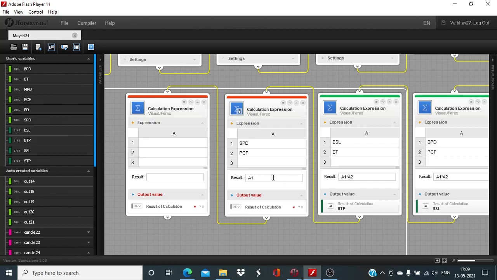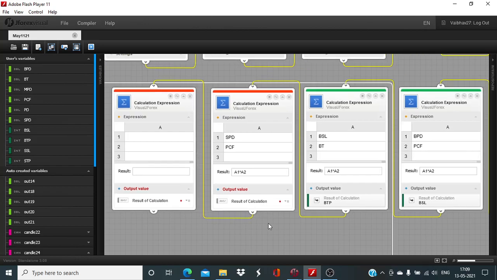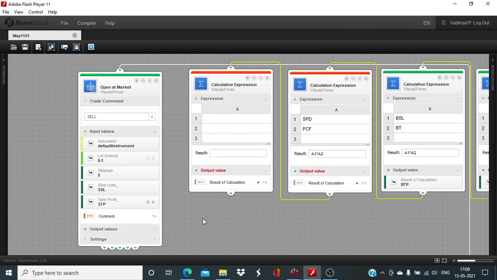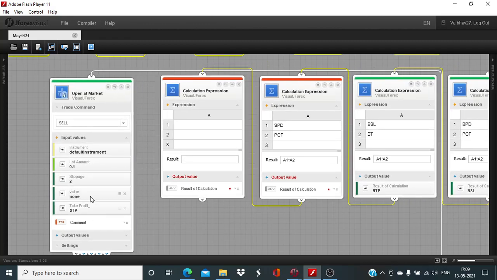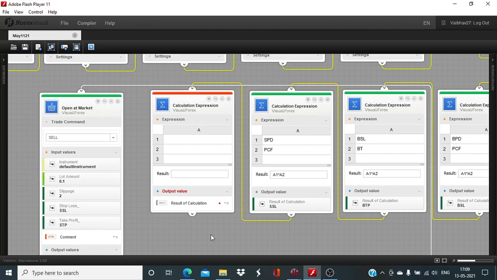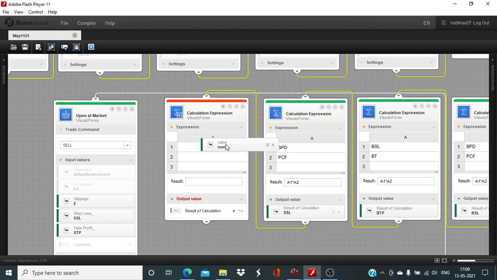A1 into A2, and the value here is going to be defined using this variable. So output value, whatever it will be assigned as the stop loss, and stop loss will be multiplied by 2.